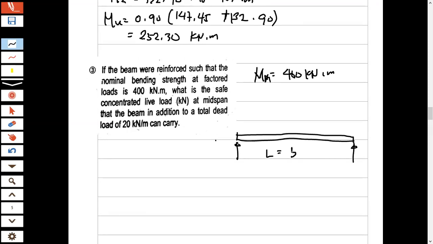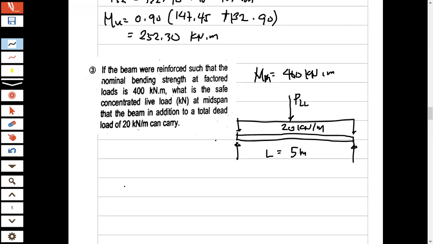So, using a 5 meter span, there is a uniform dead load. The uniform dead load is 20 kilonewton meter. Now, the question is to compute for the concentrated live load. What is the safe concentrated live load at midspan that the beam can carry in addition to a total load of 20 kilonewton meter?